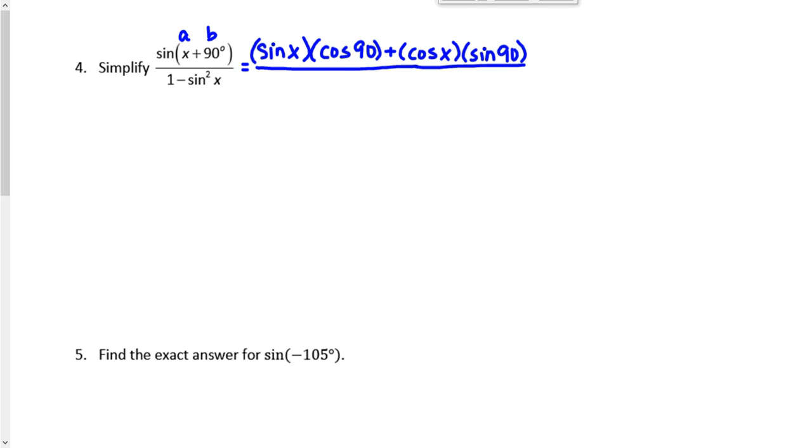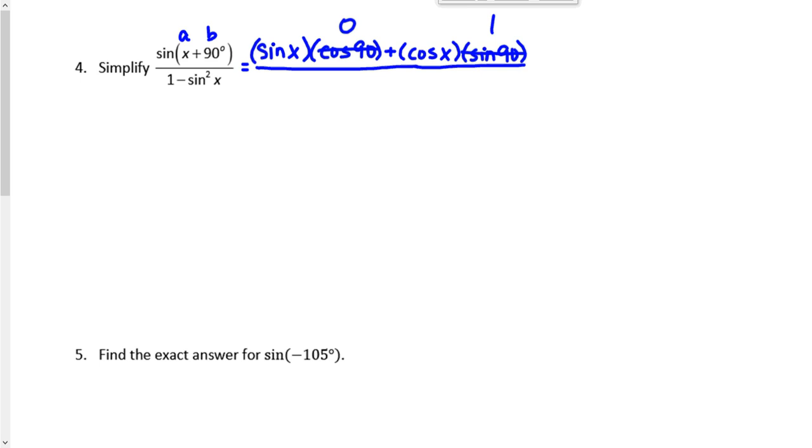Those we can't substitute anything for, we can't evaluate, so they're just going to hang out. But do we know what the cosine of 90 and the sine of 90 are? What is the cosine of 90? 0. Are you guys fine if I just kind of come in here and do this? What about the sine of 90? So I've got sine x times 0, and cosine x times 1.